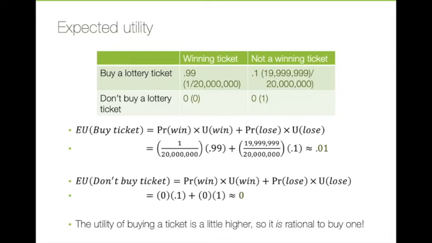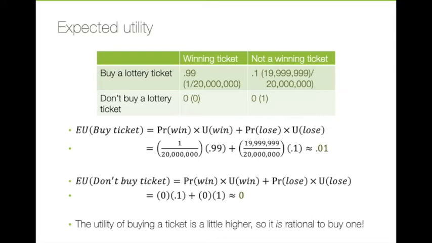So if you look at the formula for buying a ticket, for don't buy a ticket, in both cases we multiply the probability of winning in that row times the utility of winning plus the probability of losing times the utility of losing. So the probability of winning if we buy a ticket is 1 in 20 million, and the utility was 0.99. And the probability of losing is almost 1.